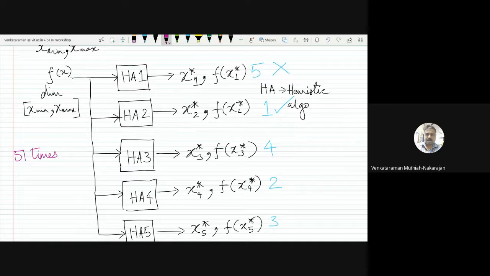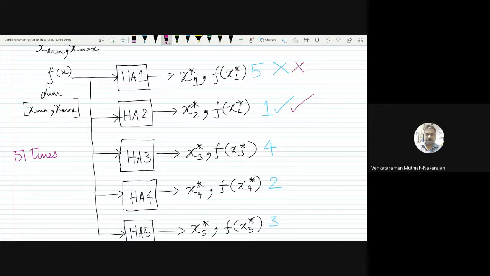Since you are using only random numbers, the role of luck is very high. So we need to notice that it may be due to luck that, if you run once, HA2 has given a better result compared with HA1.